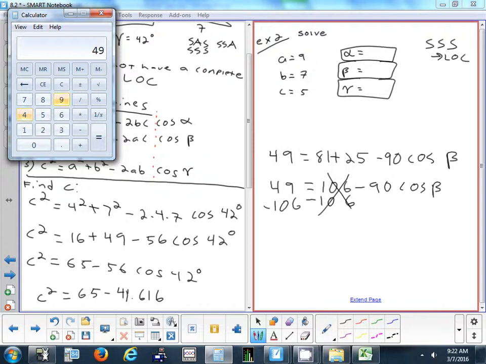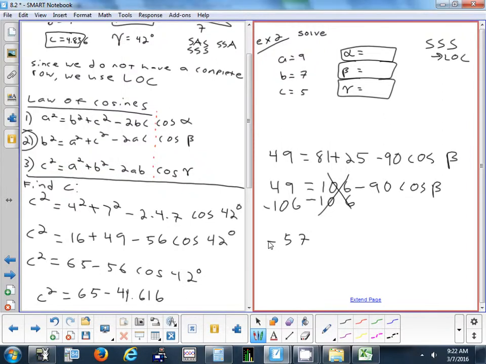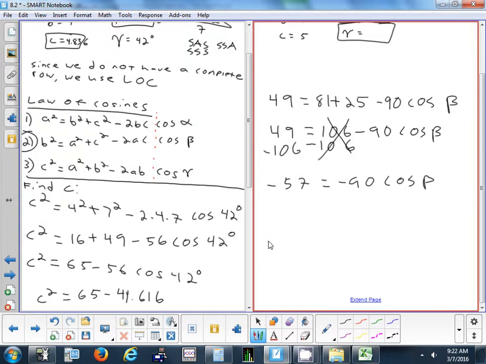So we got 49 minus 106. That's negative 57, equals negative 90 cosine beta. And my last step to get cosine by itself first: divide by negative 90.